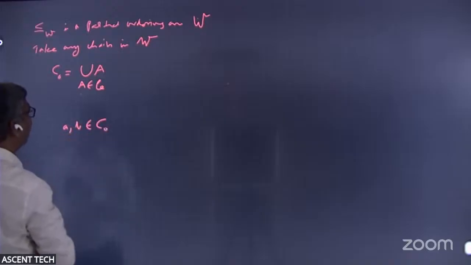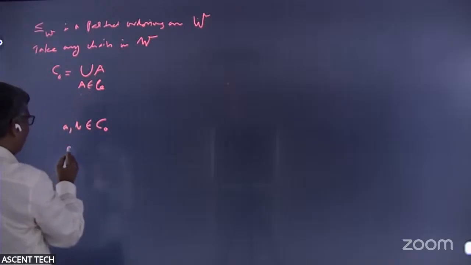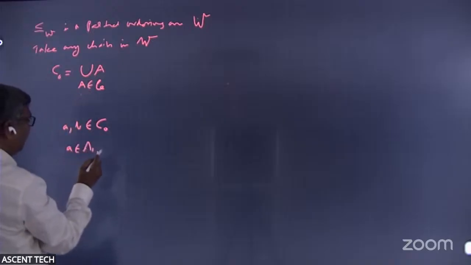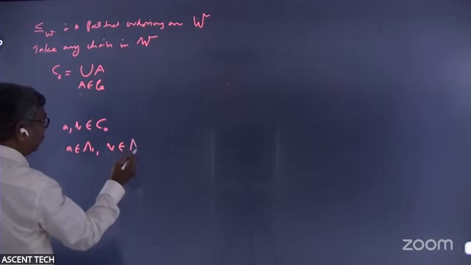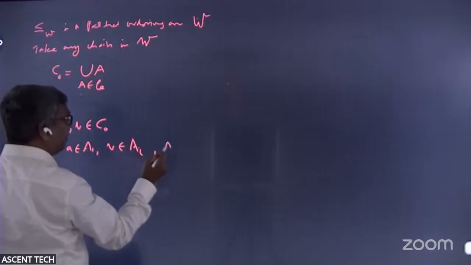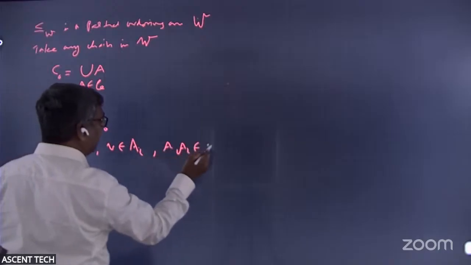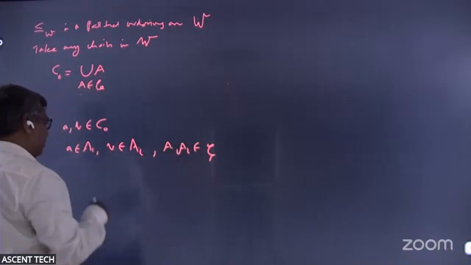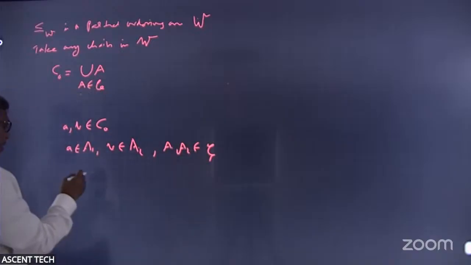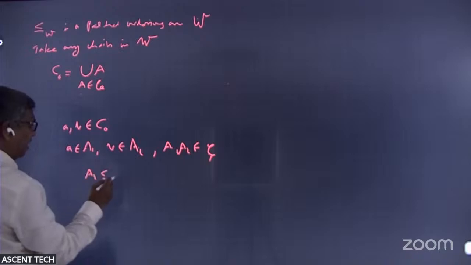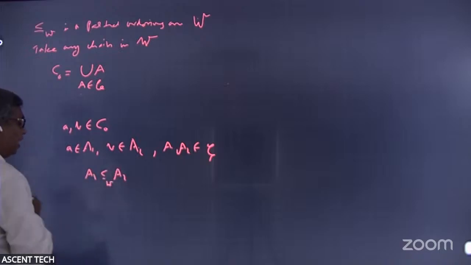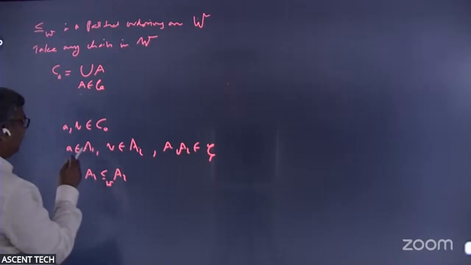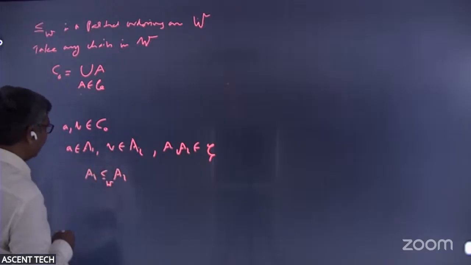A will be in some A1 and B will be in some A2, for some A1 and A2 in the chain. But chain means any two elements are comparable. So A1 and A2 are comparable. So maybe A1 is less than or equal to A2, which actually means the inequalities can be shared by these two things.